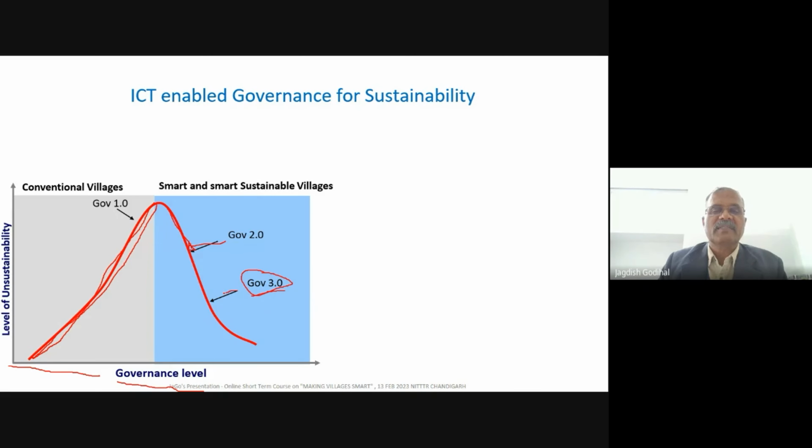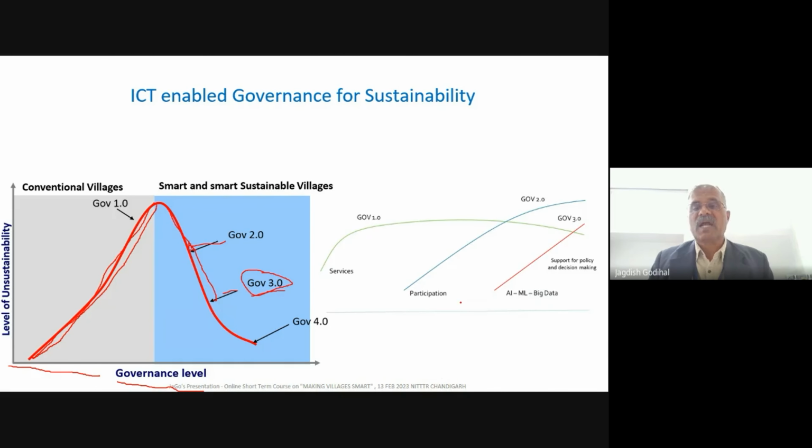No doubt some will be done, some will not be done, so it will come down to this level. But if I go for governance 4, there is no subjectivity. I'm going to monitor the data, and immediately I get it corrected. Everything is done automatically, and the level of unsustainability comes down. This is governance 4.